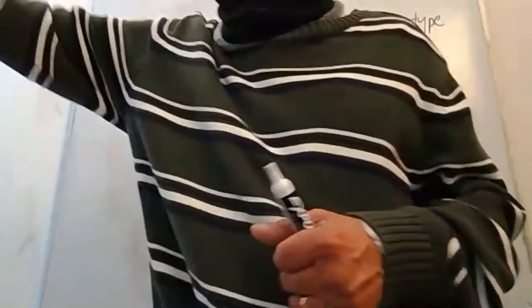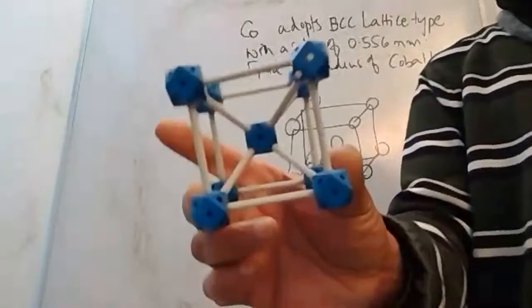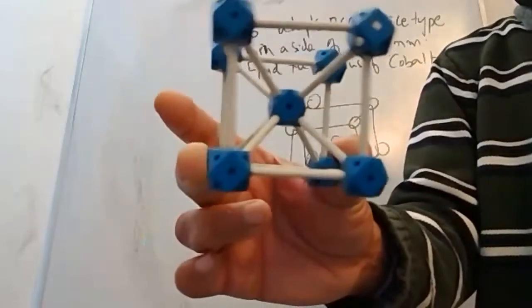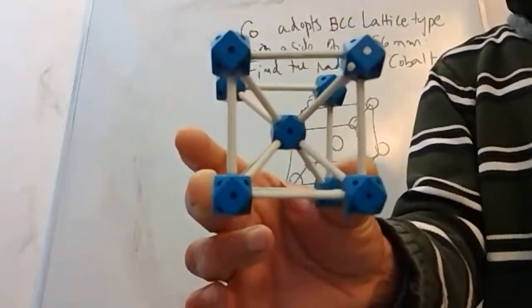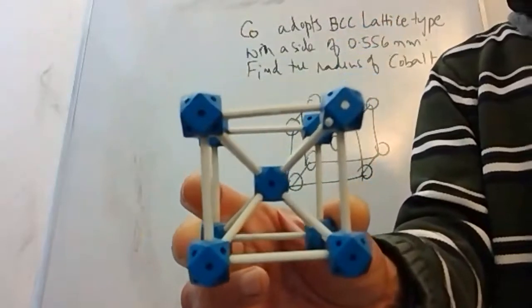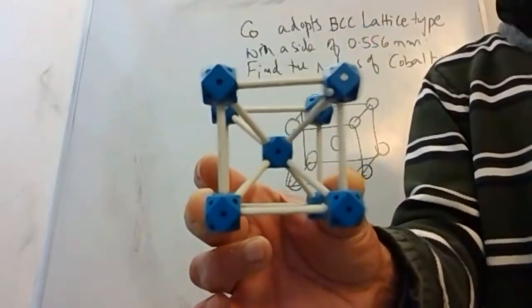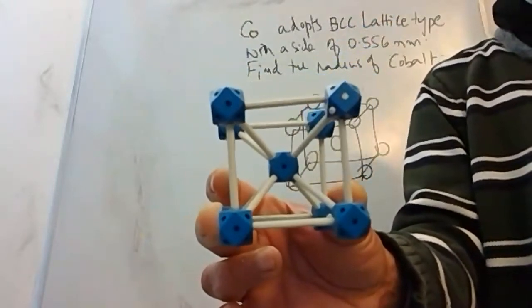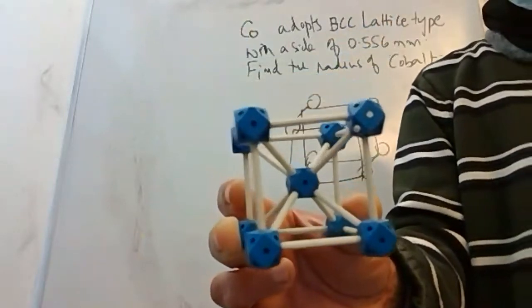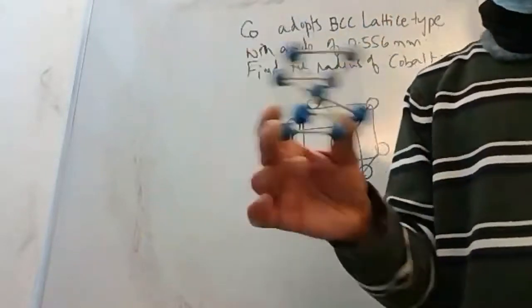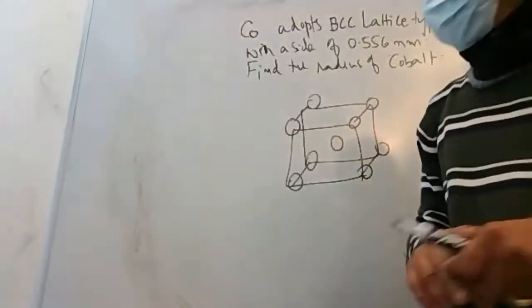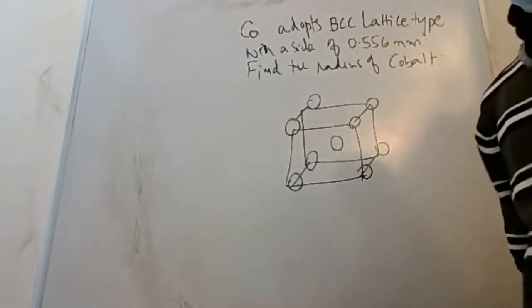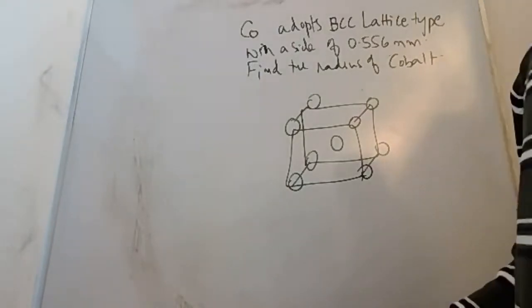So for those of you who would like a picture, this is how it looks. You have blue atoms on the corners of the cube and one located right in the middle of the cube. All right. Now I'm asking you, if I know the length of this cube, what will be the radius of the cobalt atom?